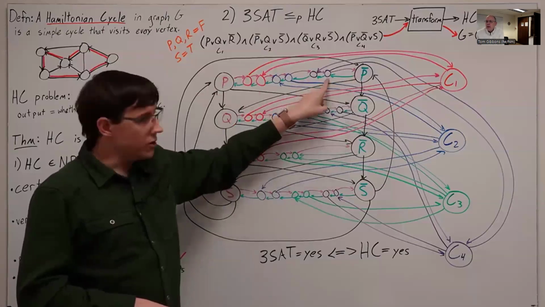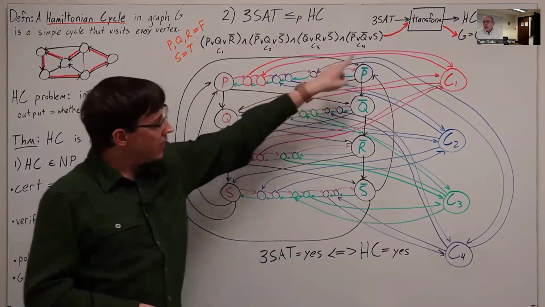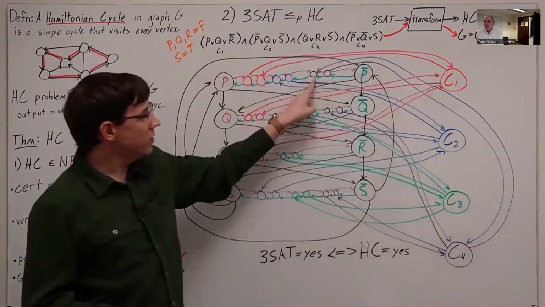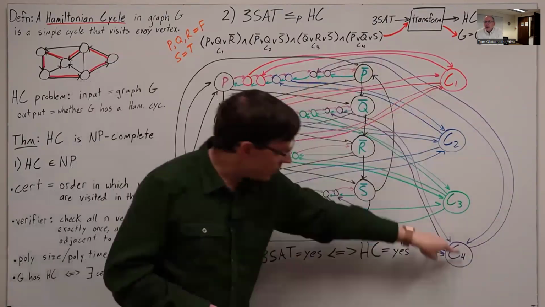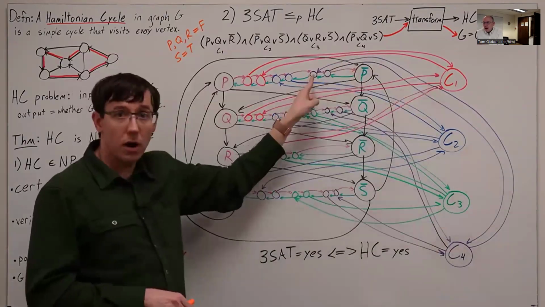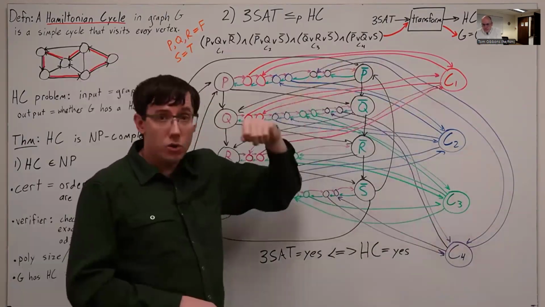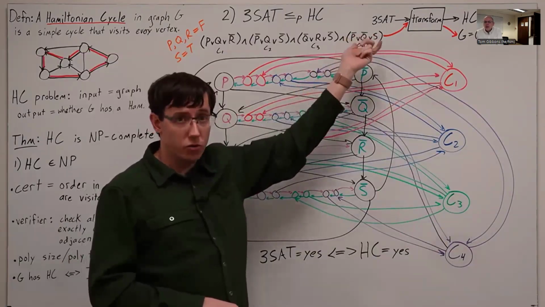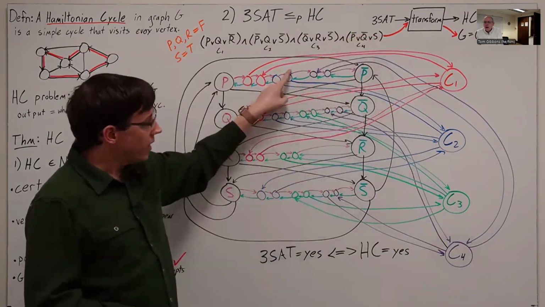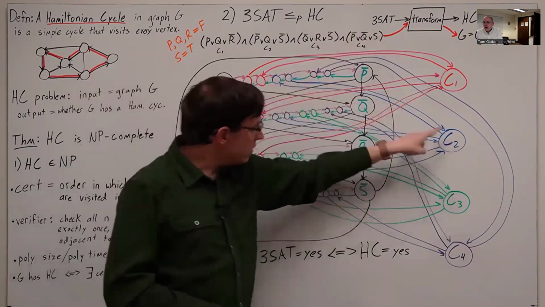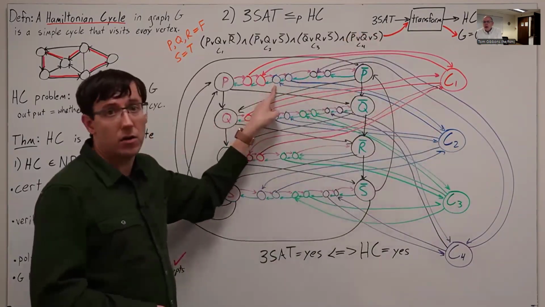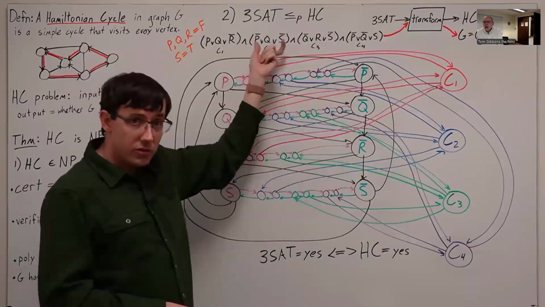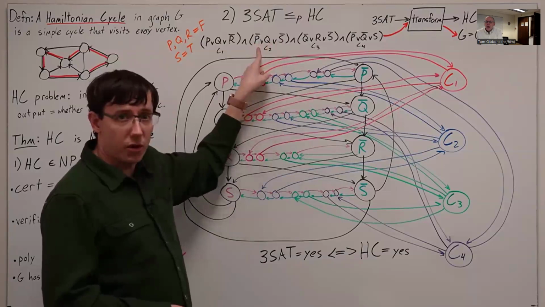And when we get to this vertex, since it has an edge to C4, we can go there and then head back to this vertex, corresponding to making this clause evaluate true. When we get to this vertex, we can also pop out to C2 and back along the way, corresponding to making this clause true with P false.